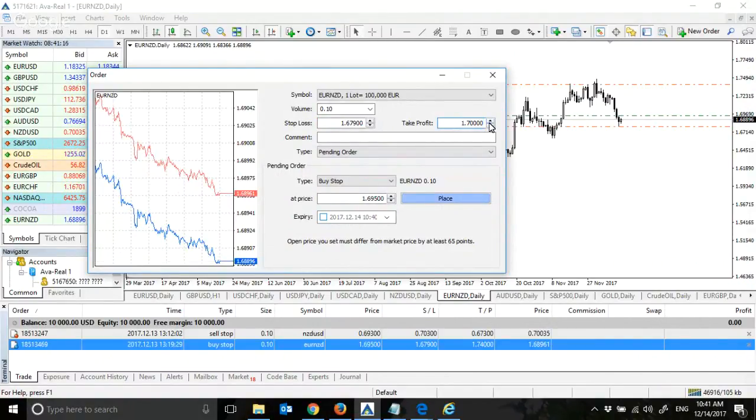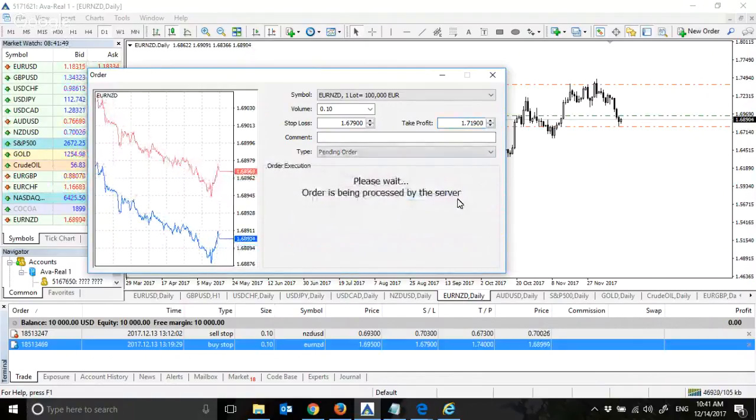Here, the 1.5 reward to risk ratio presents 240 pips, in order to stay with positive statistics, and 240 pips from 169,500 is 171,900, exactly 240 pips, and I'm placing the order here.